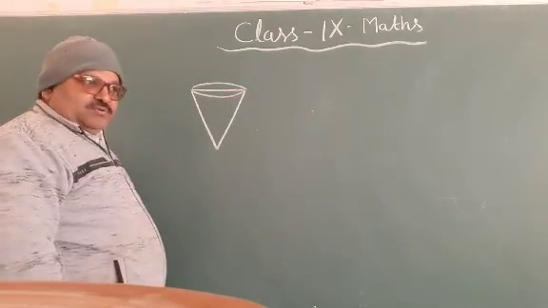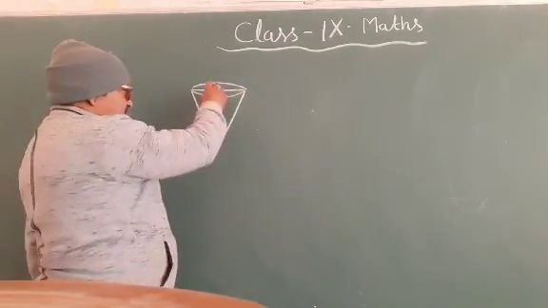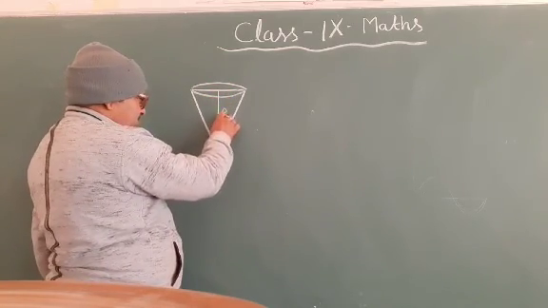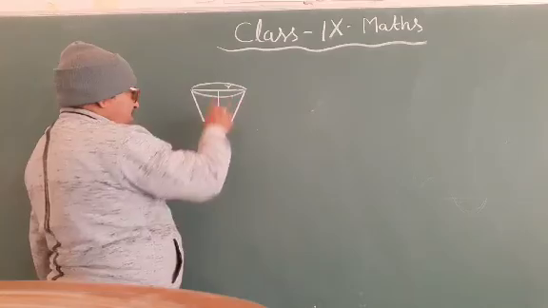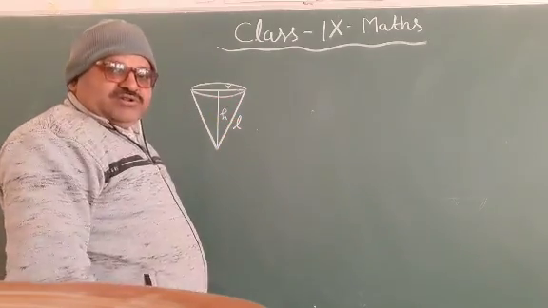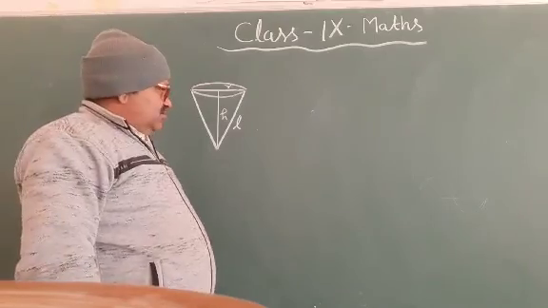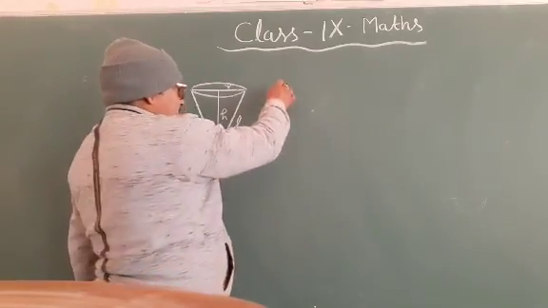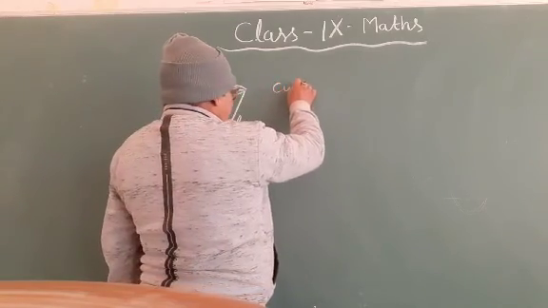This is the cone, and the height is h, the radius is r, and the slant height is l. So we find the curved surface area.